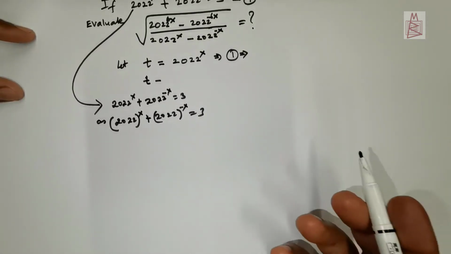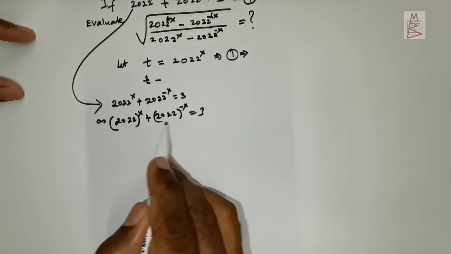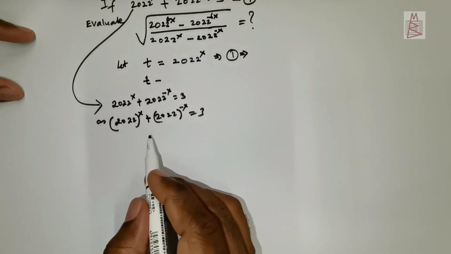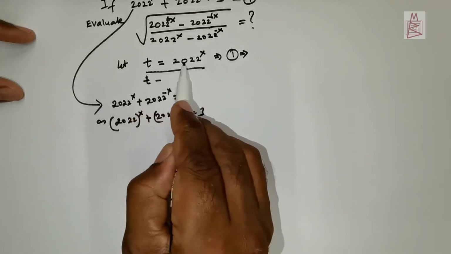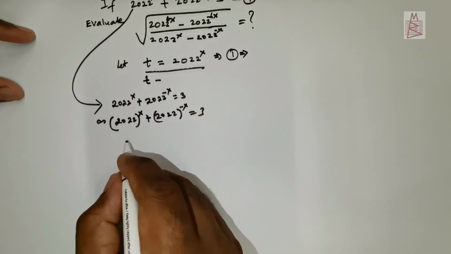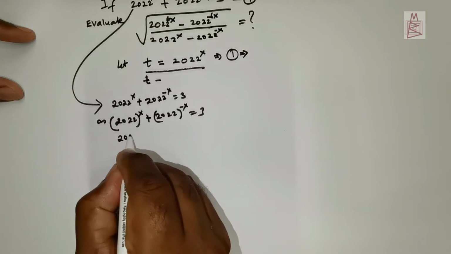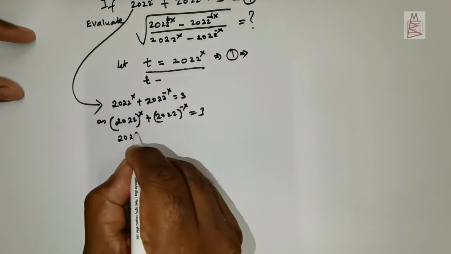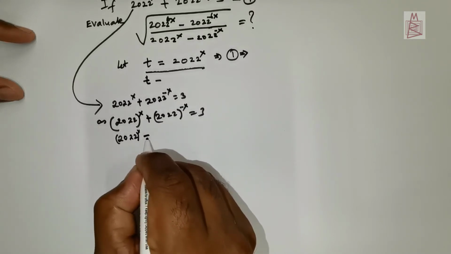Depending upon the technique that you are using, we can suitably represent this particular equation. Now I am going to use the substitution that t is equal to 2022 raised to the power x. For me, the best way to represent the left hand side would be 2022 raised to the power x.